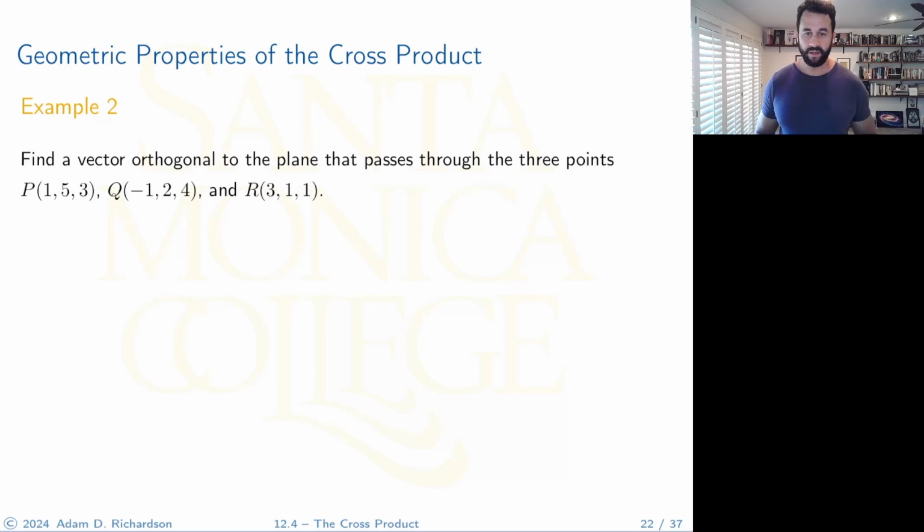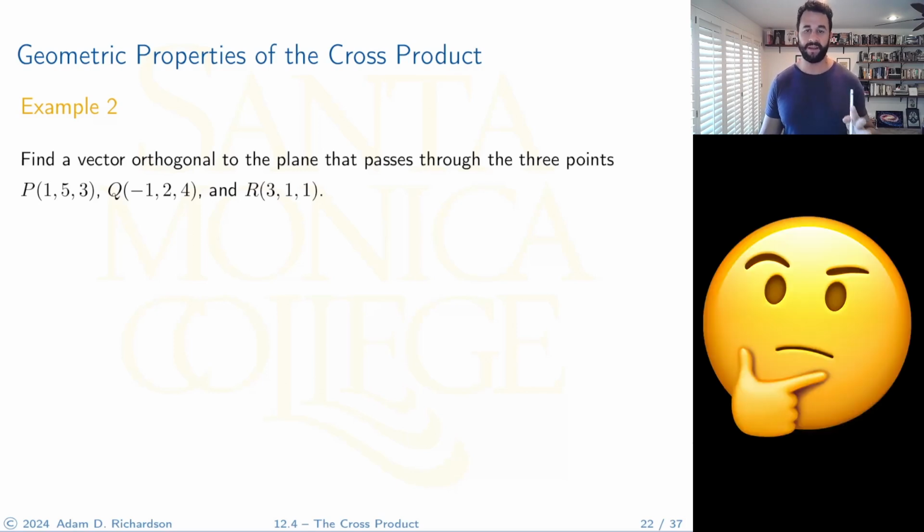Right. Okay, so now here's one I want you to try on your own. It's not too hard. You already have the skills to do it at this point. I want you to try to find a vector that's orthogonal to the plane that passes through these 3 points. So remember, any plane is uniquely determined by 3 non-collinear points. So I want you to find a vector orthogonal to that plane.